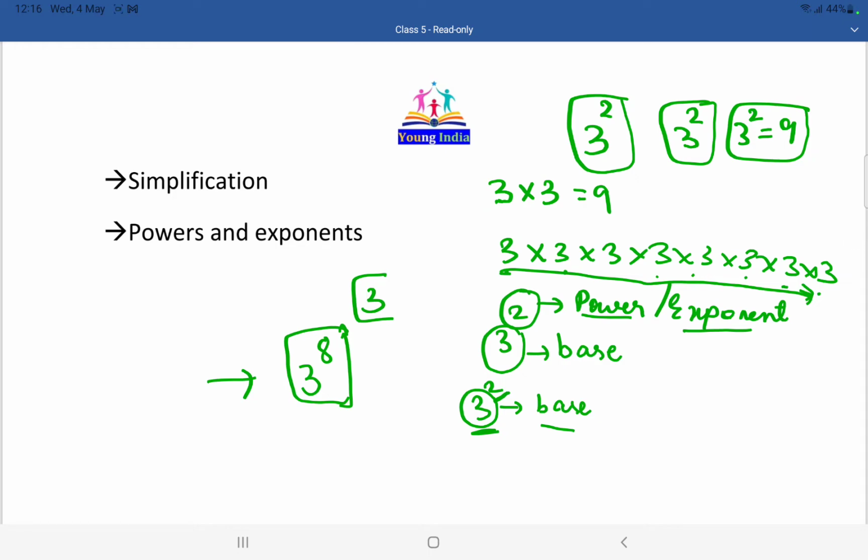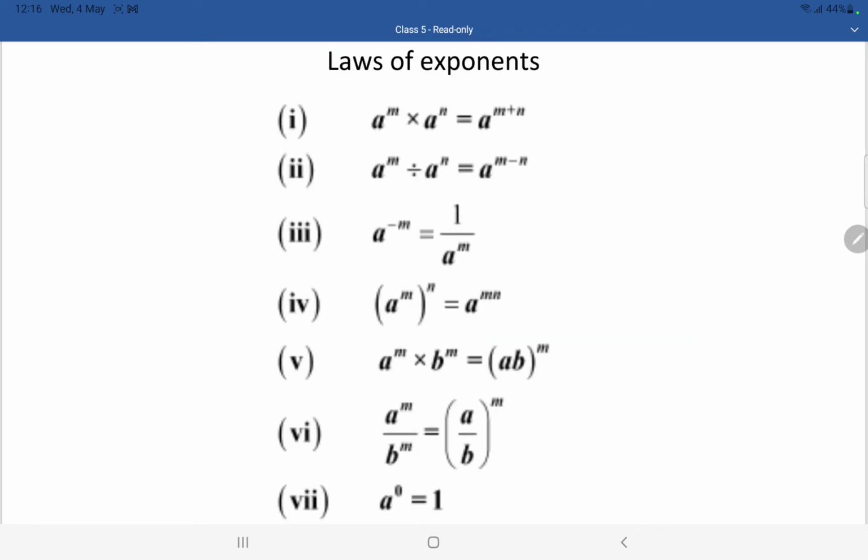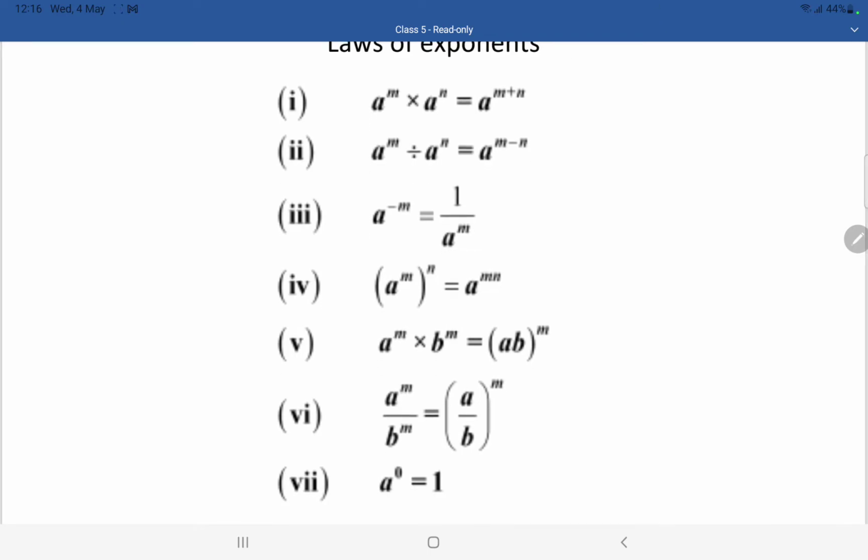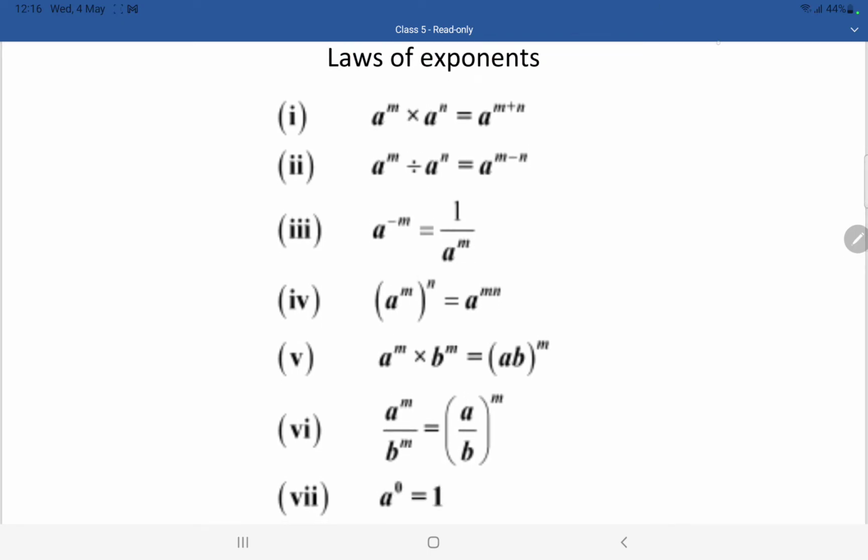Now let us go to the next topic regarding powers and exponents. So children, we have something called the laws of exponents, which is very important. This topic is also very important. I already told you what is meant by exponents.